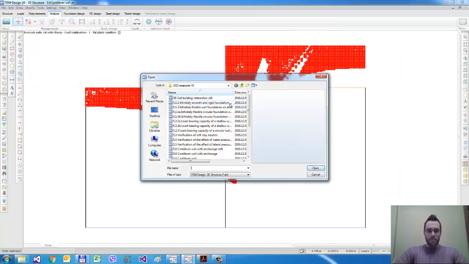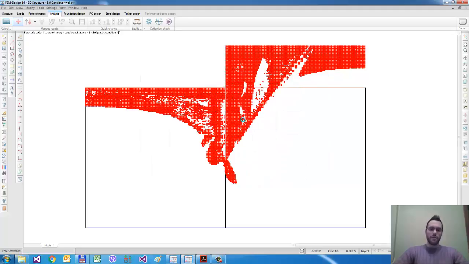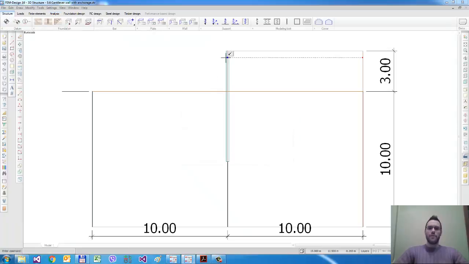But if I apply an anchorage at the top of this retaining wall, for example, here I solved it with a point-point connection. So at the side wall I use an anchorage point here, and I make a point-point connection between the top of the wall and the right side support of the soil surface here.